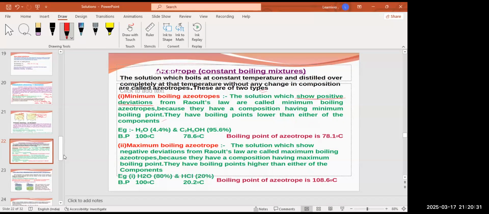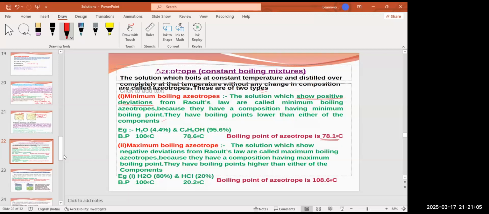For example, the boiling point for water is 100 degrees Celsius, and for ethanol it is 78.6 degrees Celsius, right? And the azeotropic mixture formed from these two has a boiling point of 78.1 degrees Celsius, which is lower than both of these components, right?